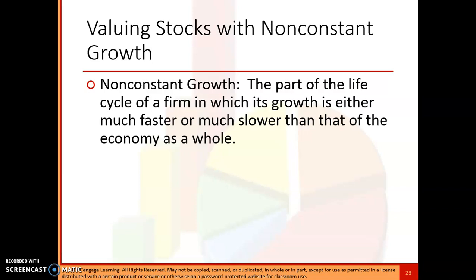In most cases, think of a younger company growing at a higher rate, and at some point that period ends and the company becomes a mature company, which is more likely to have a much more constant growth rate.